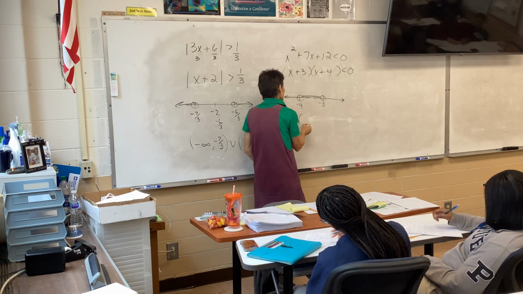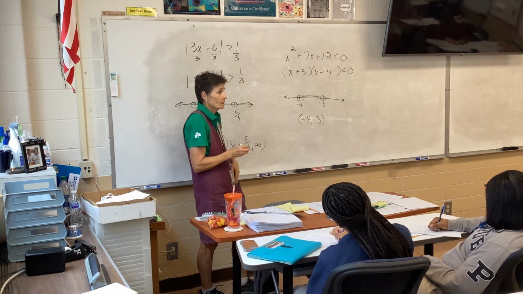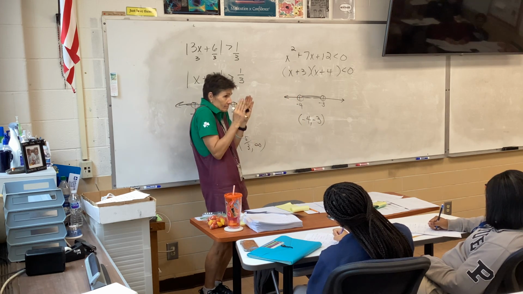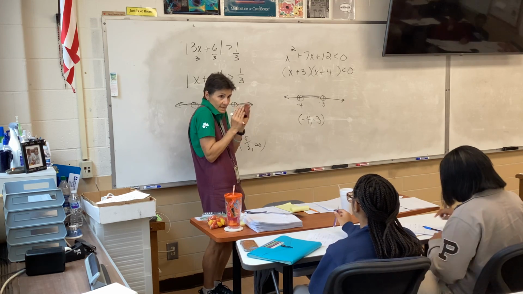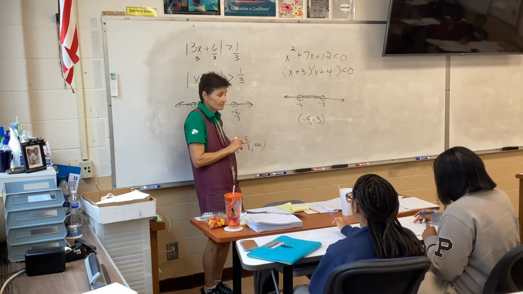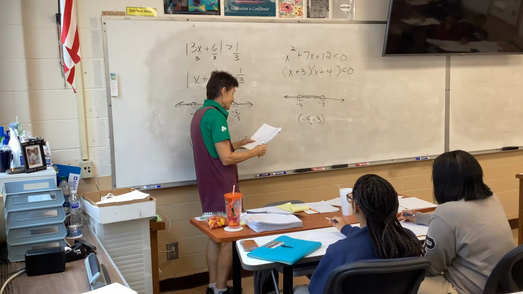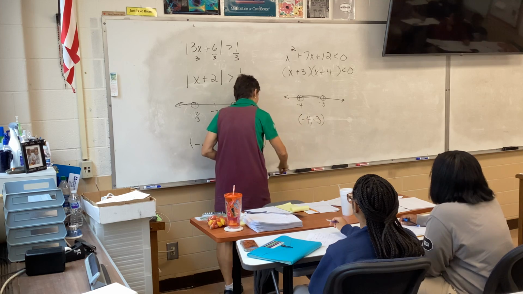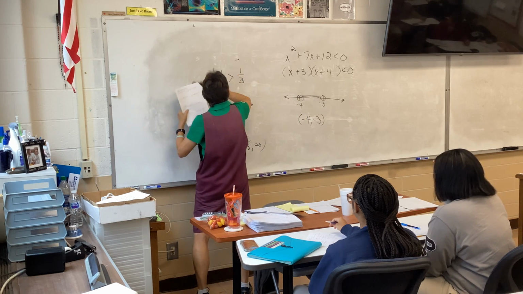And my answer is -4 to -3. Think less than. Right? Less than, greater than. Boy, that was easy. I already wrote my answer. I'm ready to go. Next, what do you want to do with B?